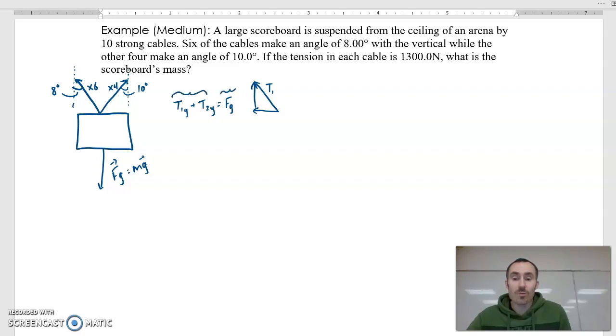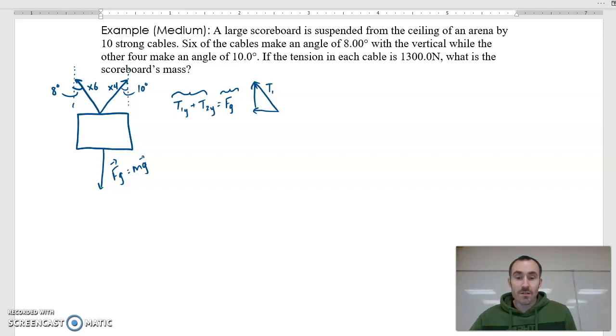This is our downward force. And because there's no vertical acceleration, or horizontal acceleration for that matter, those two things must be balanced. Now in this case, T1y and T2y are not going to be the same thing, so we can't just do it that simple way. We have to calculate T1y and we have to calculate T2y separately.